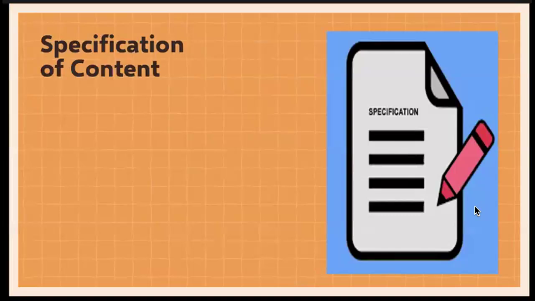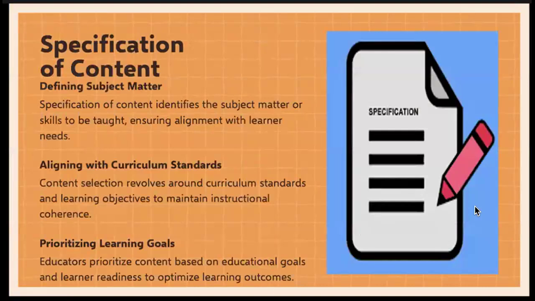So the first element is specification of content. For this element, you need to provide specification of the content, which needs to identify subject matter or skills to be taught, ensuring that the content is aligned with the learner's need.